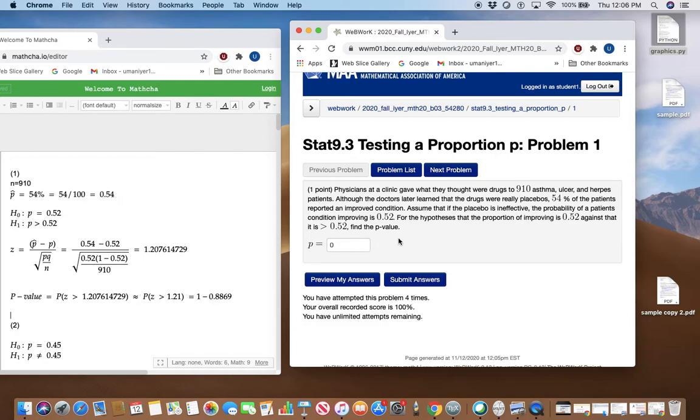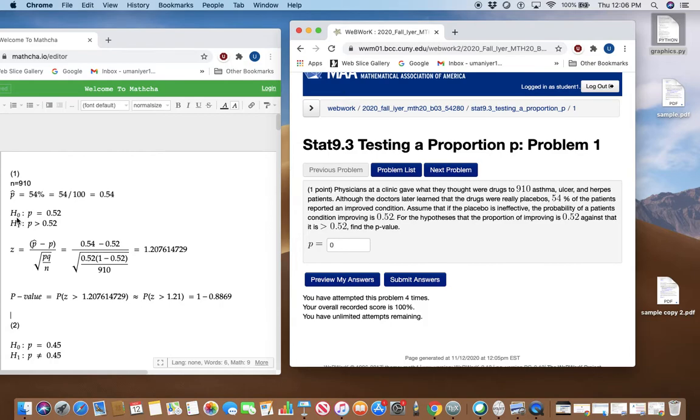Now, you want to say whether the condition is improving or not. The proportion is 0.52. Assume that the placebo is ineffective. Probability of a patient's condition improving is 0.52.